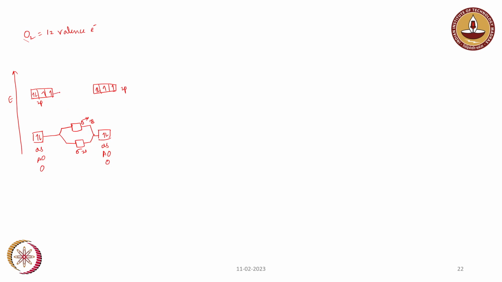And the p orbitals will form sigma 2pz and pi 2p. And antibonding will be pi star and sigma star.